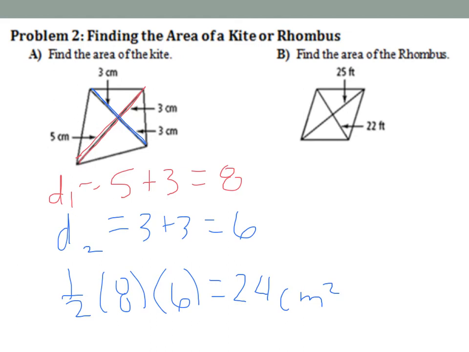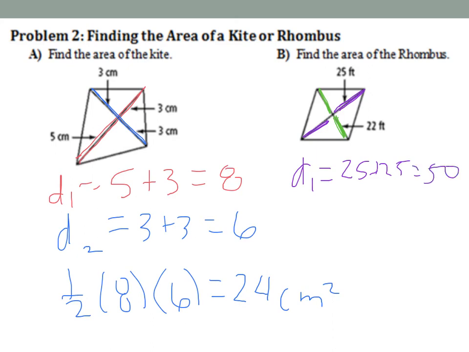Now I'm looking for the area of my rhombus. In both of these two diagonals, it only gives me 1/2 of the diagonal. But if you remember from chapter 6, if you don't remember this, you should write it down: the diagonals bisect each other. So this length will be the same as the length on the opposite side of it. And this length will be the same as the length of the opposite side of it. So my first diagonal, D1 in the purple, would be 25 plus 25, which would give me 50.